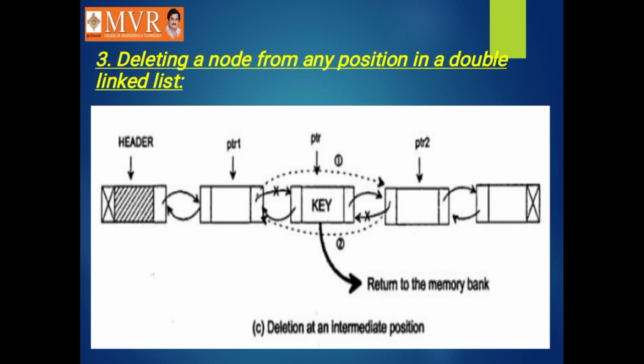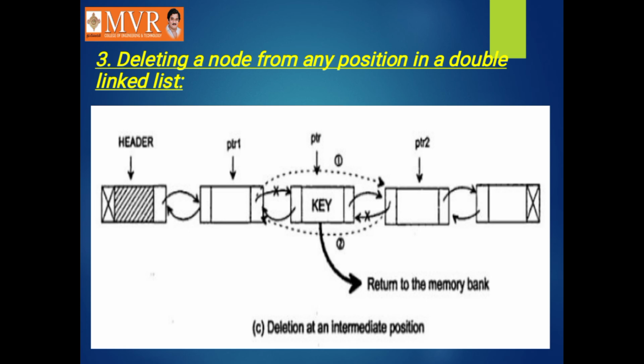Next, deleting a node from any position in a double linked list. That is, if the position is specified, then we move to that particular position and delete it. If it is not specified, then we will remove the middle element in the double linked list.